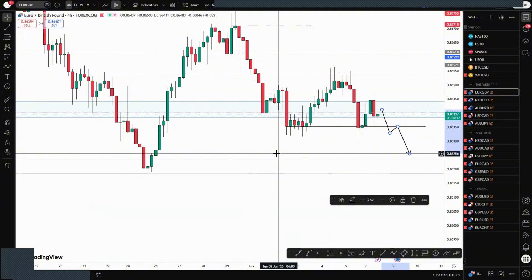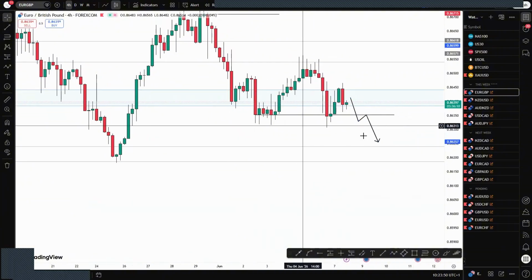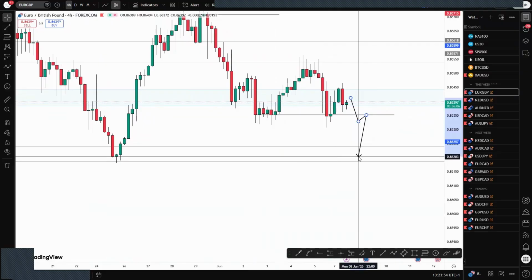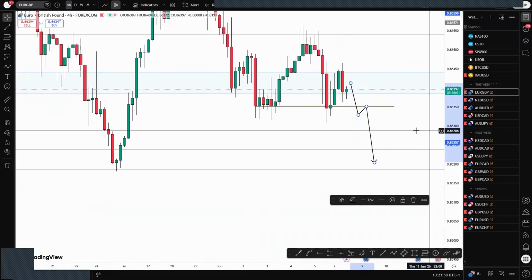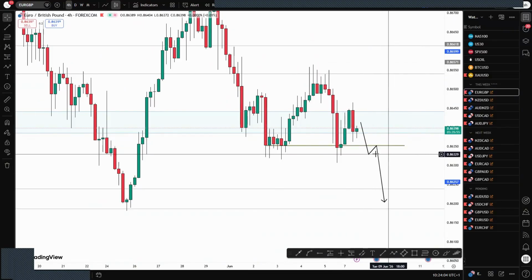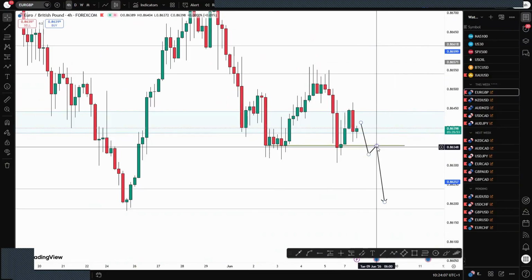But if you look at this structure very well, and you see my take profit at this point, this really means that price is most likely to not give us a reasonable entry at this point.